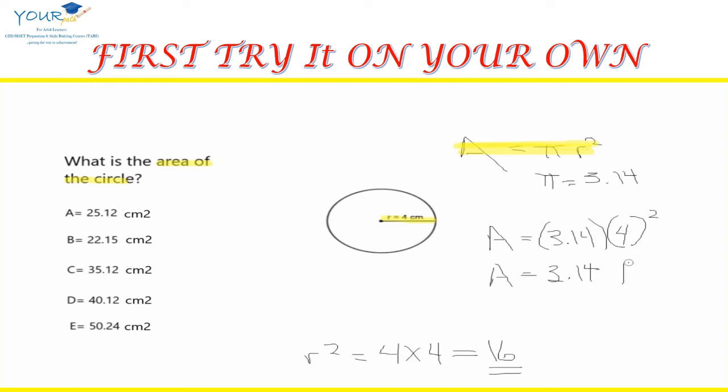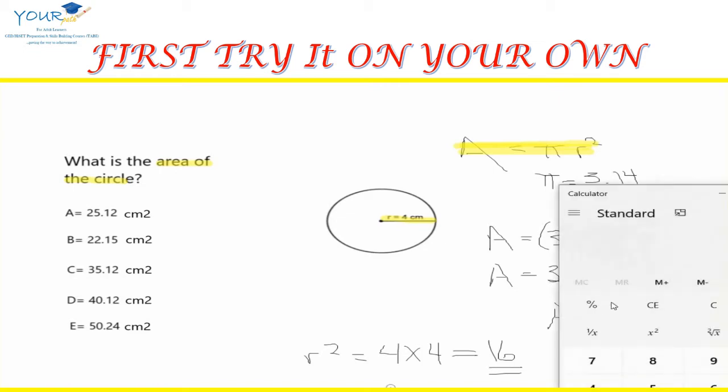So we're going to put that value here. And we are still multiplying this value times 3.14. So we're going to continue with our formula. And we now have A, which stands for area, equals, and let's now use the calculator.